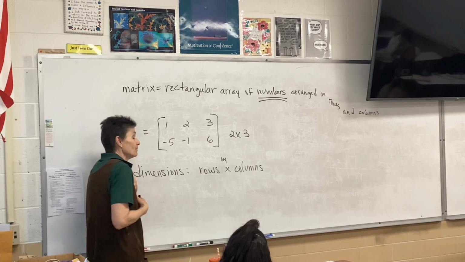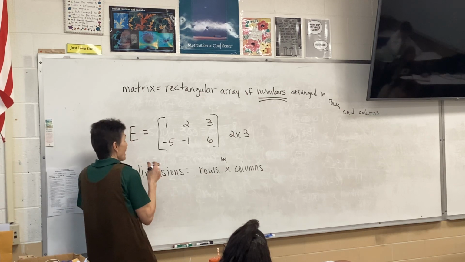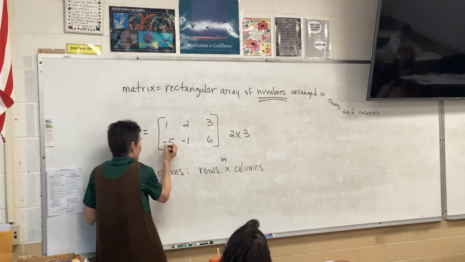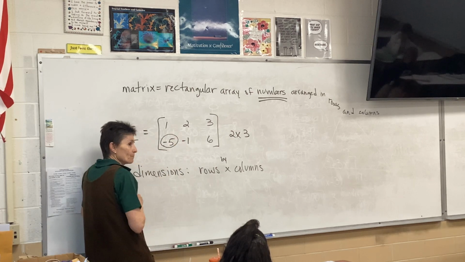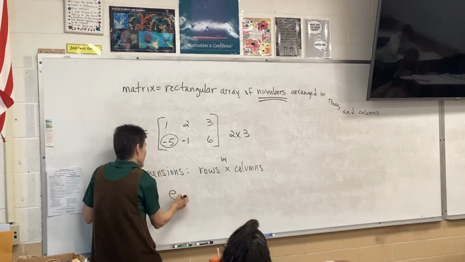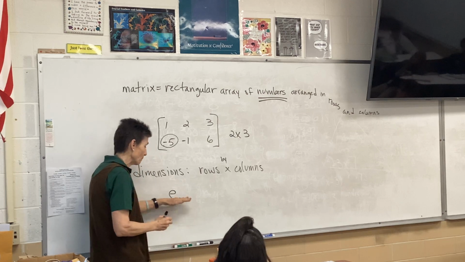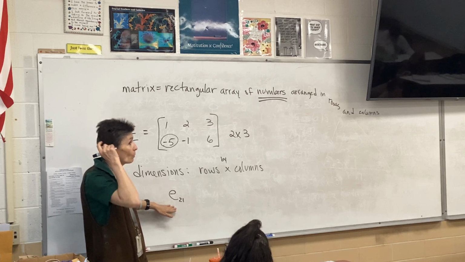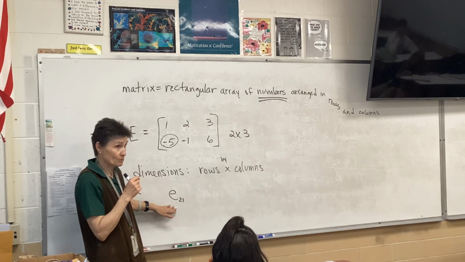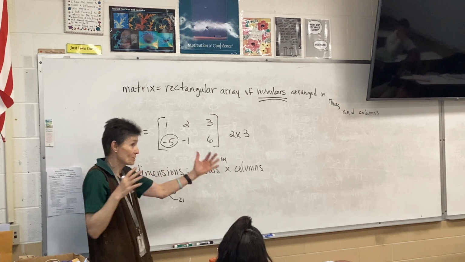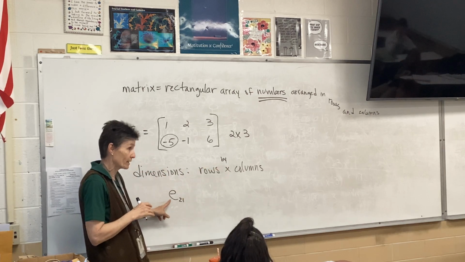And if I wanted to talk about, let's say I'm talking on the phone with somebody, and I want to talk about this number right here, I could talk about that number by putting a lowercase e and then a subscript, so down below, 2-1. Now, first of all, the lowercase e tells me that I'm in matrix E. So if I had a whole bunch of matrices, this would tell me which one to look in.